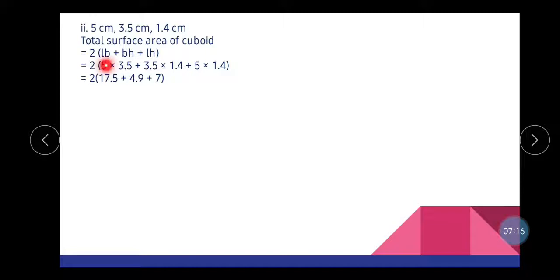So we get 5 into 3.5 as 17.5, 3.5 into 1.4 we get 4.9, 5 into 1.4 we get 7. So that is equal to 2 into (17.5 plus 4.9 plus 7). We will be solving the bracket first, that means we will add all these numbers. So we get 2 into 29.4. When you multiply 29.4 by 2, we get 58.8 square centimeter. Therefore, the total surface area of this cuboid is 58.8 square centimeter.